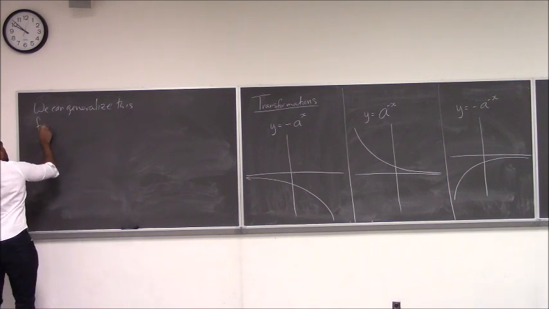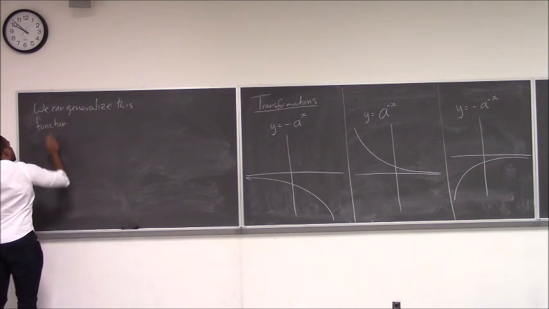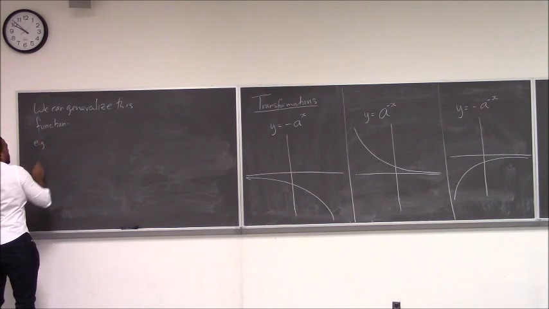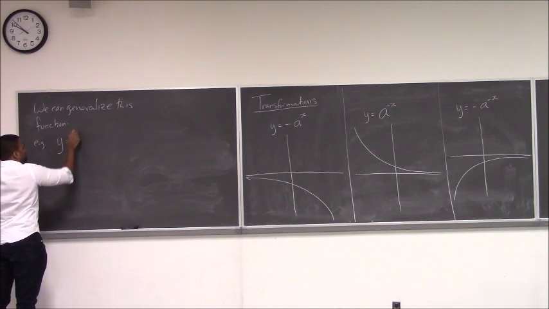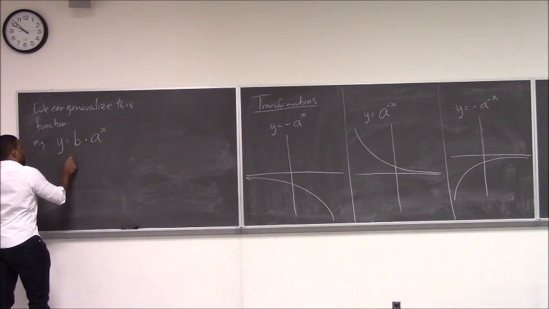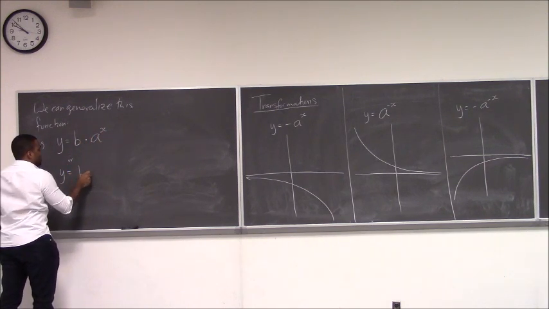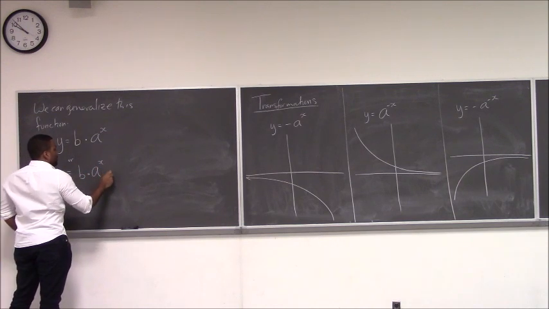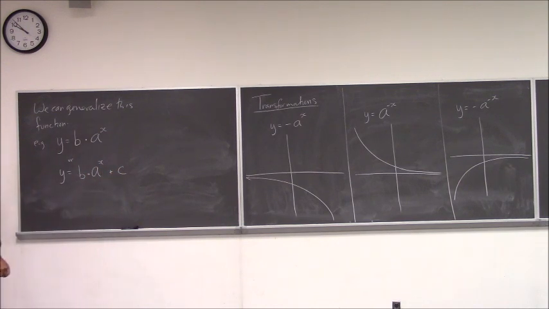You can generalize this function. So for example, I can write y equals a number times a to the x, or y equals a number times a to the x plus some other number. And these also have properties that you can see in the graph.